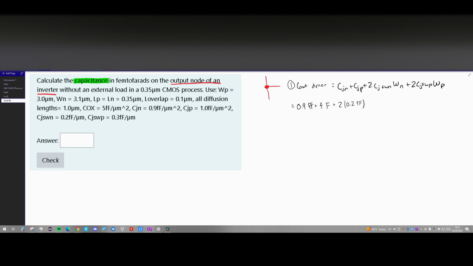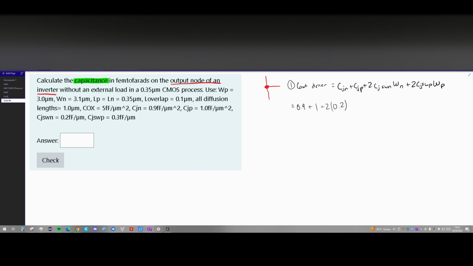Don't forget the micrometers squared on the bottom.